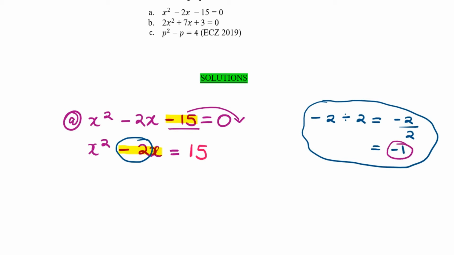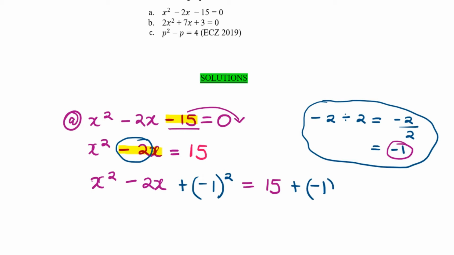So we'll say x squared minus 2x is already there, plus negative 1 squared is equal to 15. This is an equation, so what happens on the left hand side should also happen on the right hand side. So on the right hand side, we are also saying plus negative 1 squared.